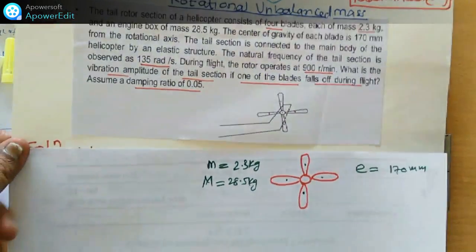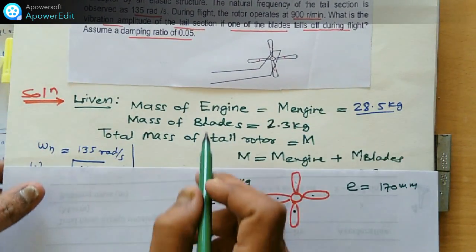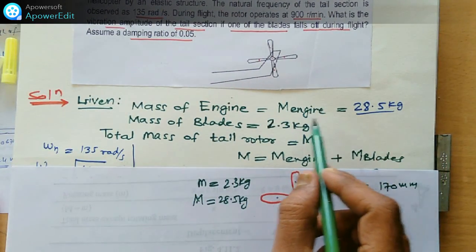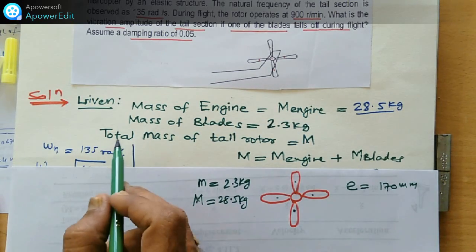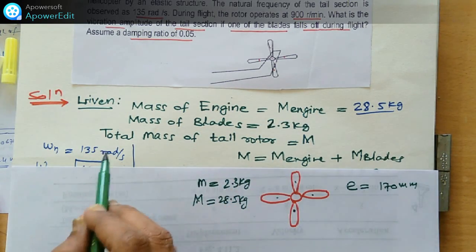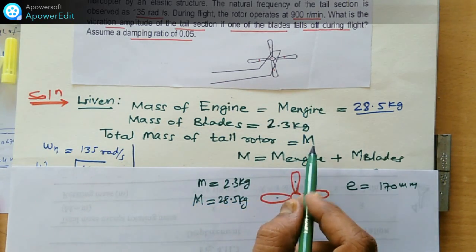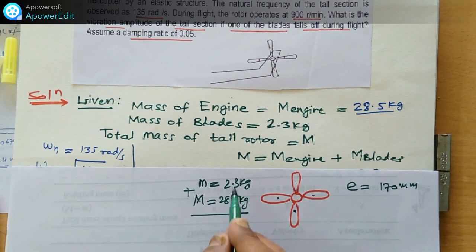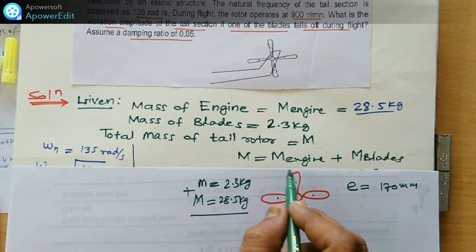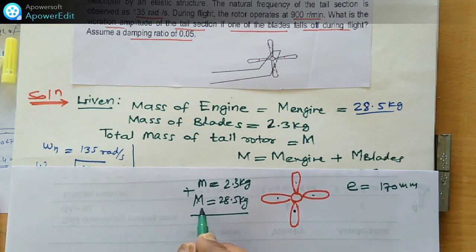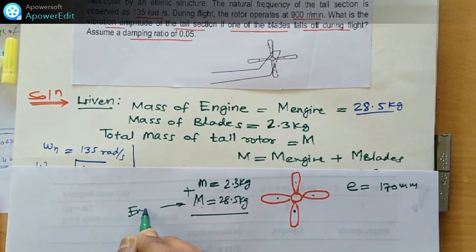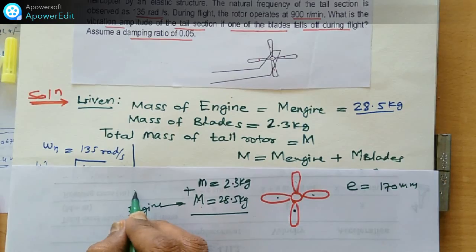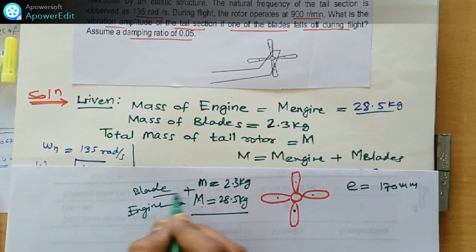So friend, what is given to you? The mass of the engine, M engine, is 28.5 and the mass of each blade is 2.3. The total mass of the tail rotor, M, we can calculate by adding these two. Capital M is for the engine and small m is for one blade.